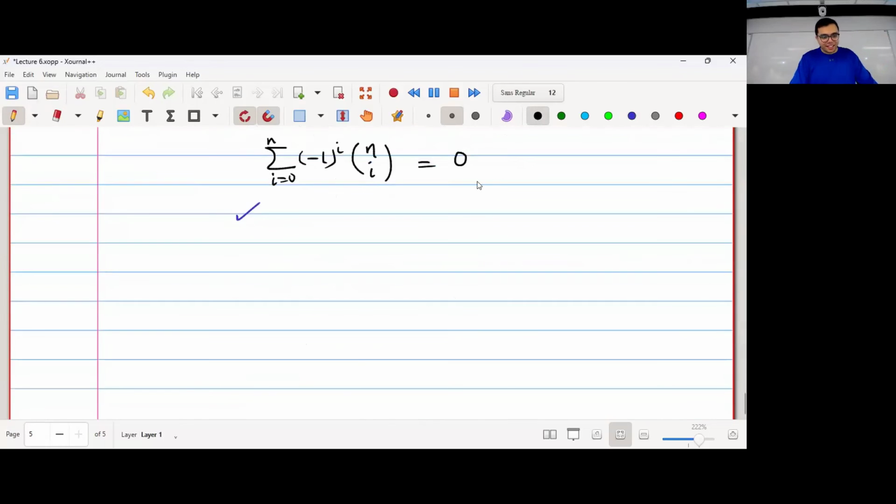Okay. Now let's make things more interesting. Let's prove this one. Let's say I take n times n minus 1 choose k, and I say that this is equal to n choose k plus 1 times k plus 1.